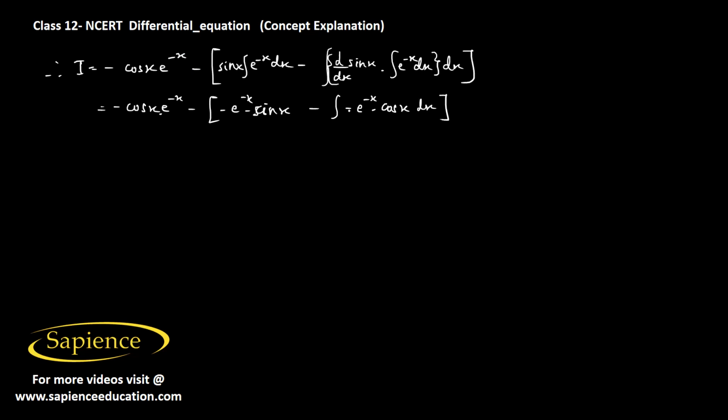Okay, so minus minus is plus, so this will be minus cos x e power minus x plus e power minus x into sine x, then plus of minus is again minus integral e power minus x into cos x dx.